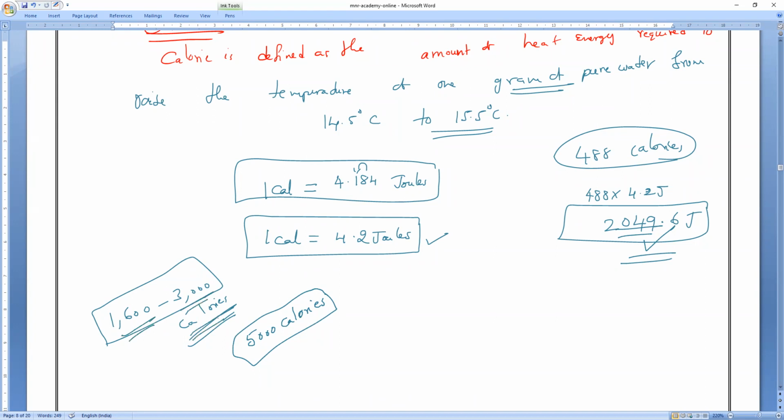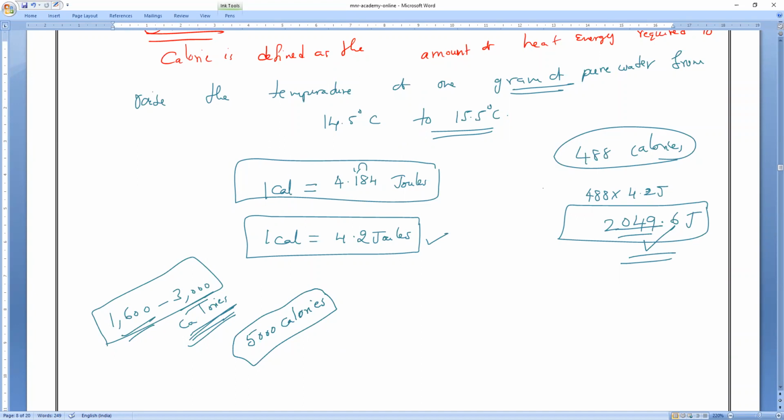Dairy Milk will have less energy than Snickers. You can compare 10 grams of Snickers and 10 grams of Dairy Milk and see which has more energy.